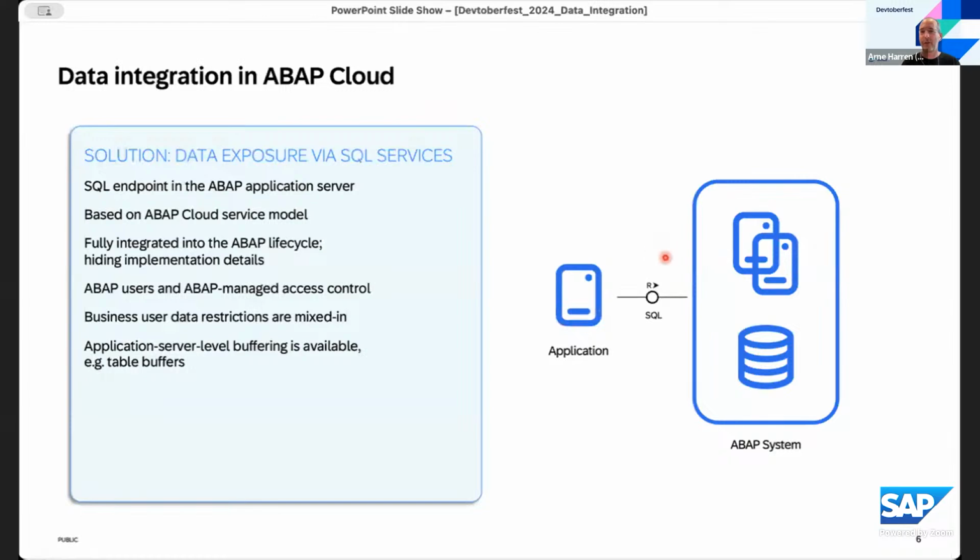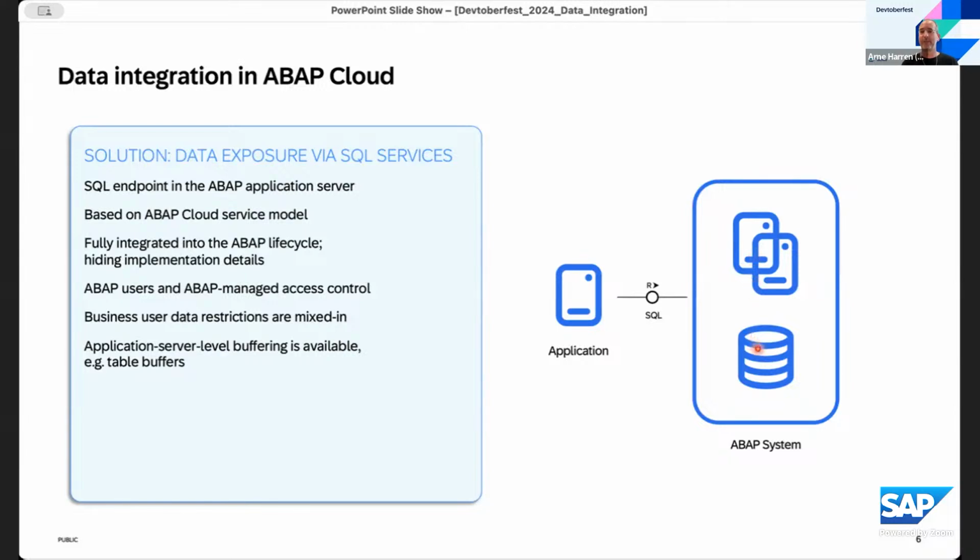In addition, all this machinery, the SQL service, is fully integrated with ABAP Lifecycle. So we take care of the implementation details, how something is modeled on the database. We hide that from you, and you can just query your CDS views. In addition, all the access management is based on ABAP users.